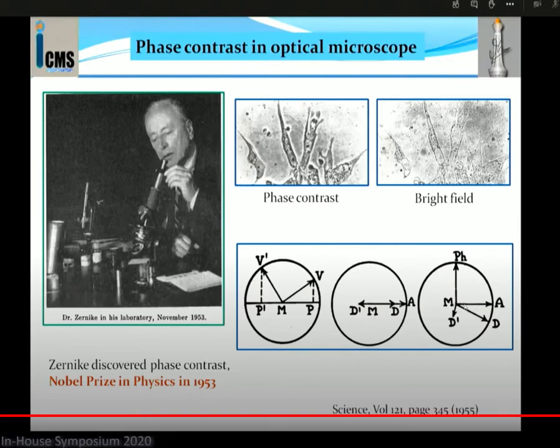But if you have a weakly scattering sample, with no chemical staining, you don't change the amplitude, you only change the phase. To be able to see the contrast, you need to rotate the phase, and that is performed by using a phase plate.